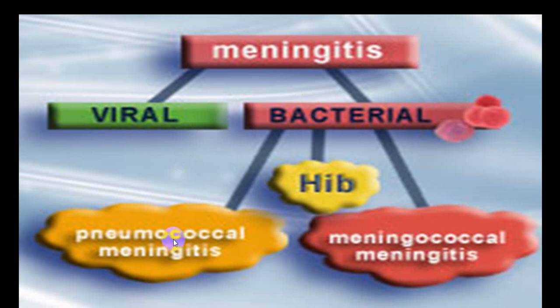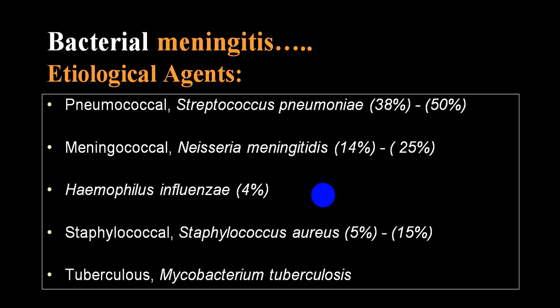Among bacterial, pneumococcal meningitis, Neisseria meningitidis, and Haemophilus influenzae. So, pneumococcal, Streptococcus pneumoniae will account for almost 38 to 50%.